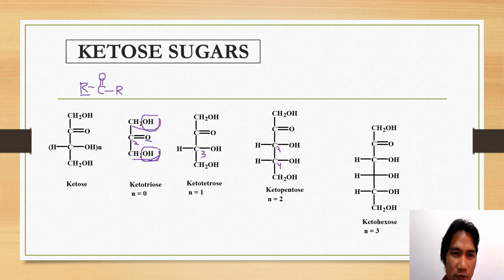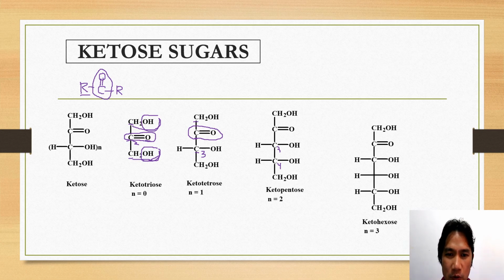In a ketone, the carbonyl group is in between 2 alkyl groups or 2 carbon atoms. That's why we call this a ketose, a ketotriose. In this example, the carbonyl group is still in between 2 carbon atoms, between 1 and 3.